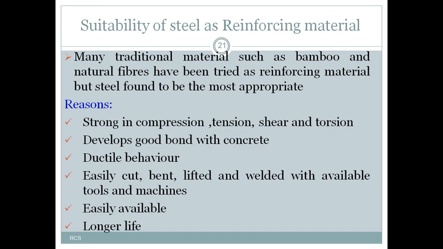Because of the ductile behavior of steel, it will elongate, and as a result of that, it will give enough warning before collapse of the structure. It is easily cut, bent, lifted, and welded with the available tools and machines. Steel is easily available in the market and has a longer life compared to other materials like bamboo and natural fibers.